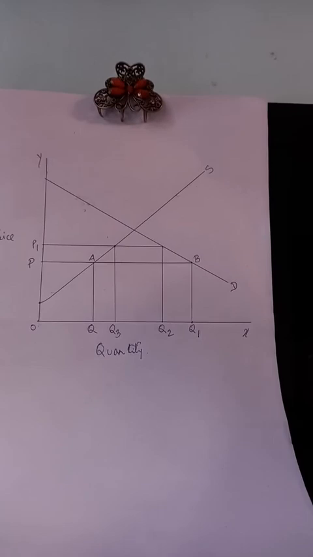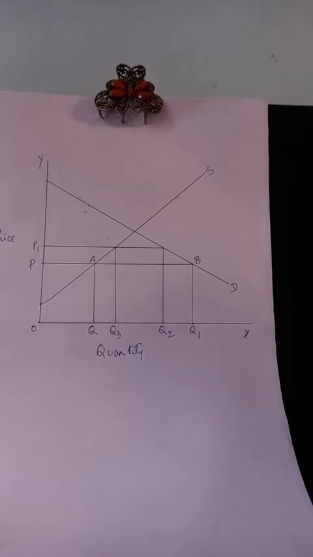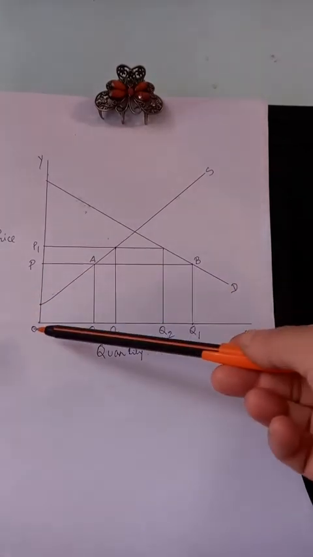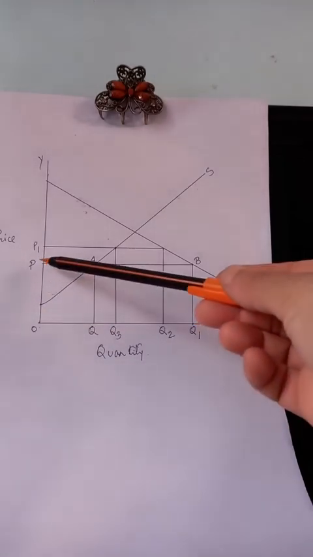Further, let's have a look at the consumption effect. What impact does a tariff have on the level of consumption of the people? Again, looking at the diagram, earlier under free trade the total demand was OQ1 when the price was OP.